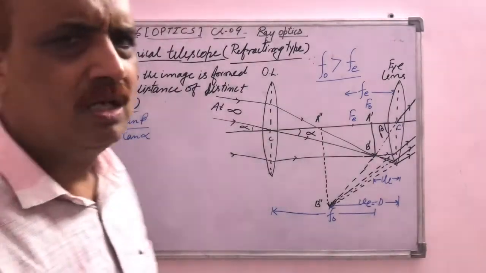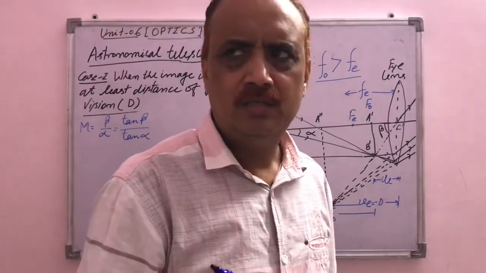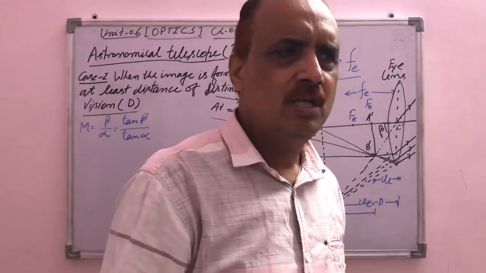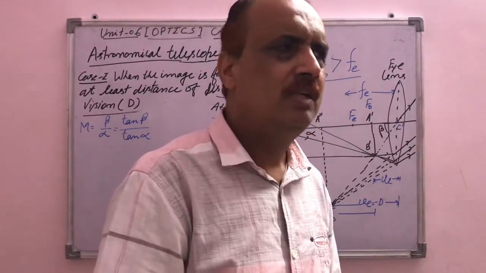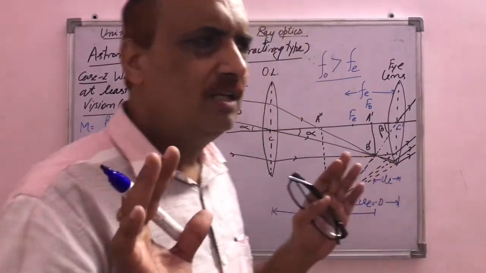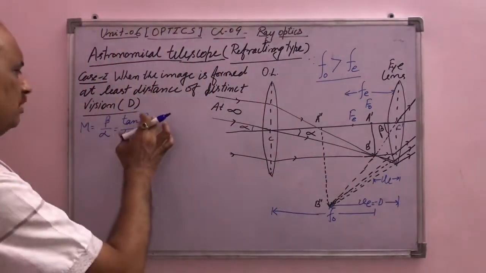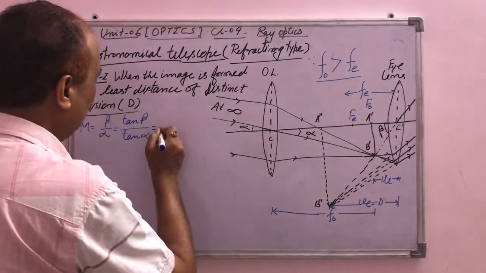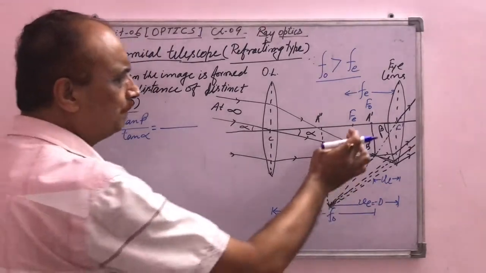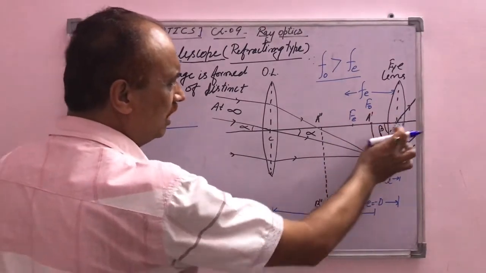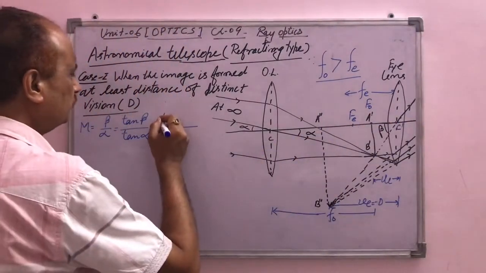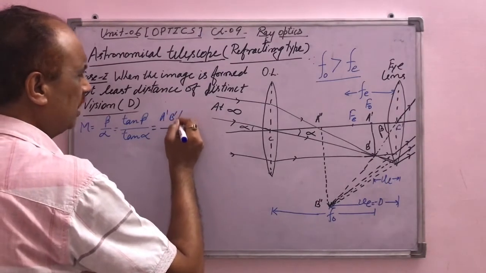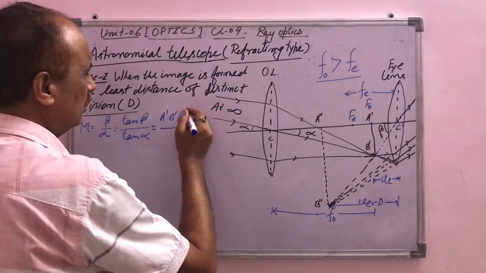In that case, alpha and beta are very small angles. When the angles are very small, they can be replaced by the tangent. So we can write tan beta upon tan alpha. Now we find the value of tan beta in triangle A dash B dash C dash: you will get A dash B dash upon C dash A dash.